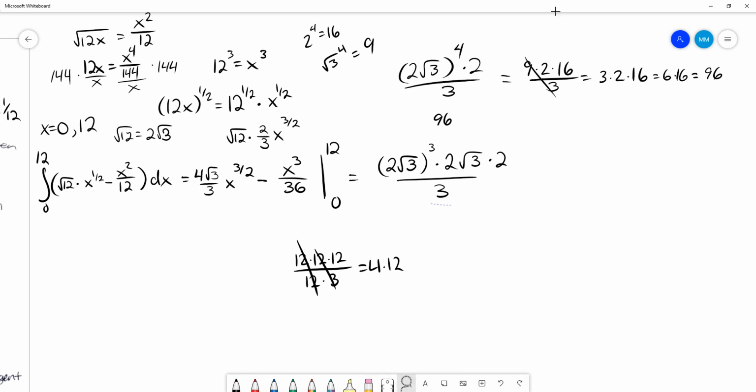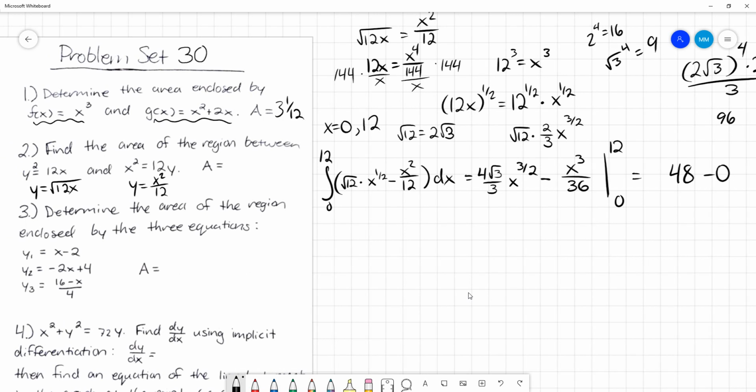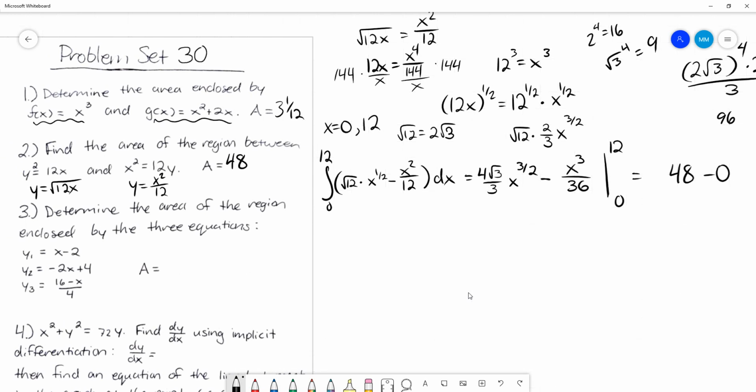So now, simplified that first bit. So I've got 96 minus 48, which is just 48, I believe. And that's after plugging in that 12 bound. Now if we plug in 0, it's all going to be 0, so it's minus 0, which makes that area 48. Now that feels wrong.